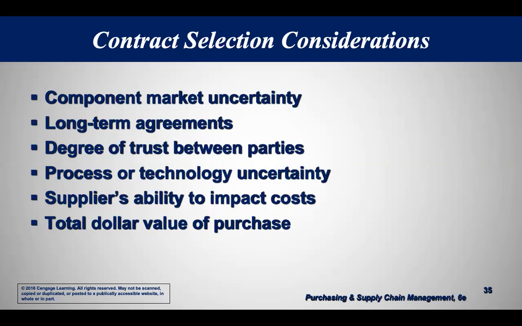And the seller, the same thing. They may not want to commit if the costs are changing a lot. Long-term agreements, and we'll talk about this a little bit, but yeah, if you're signing a long-term agreement, that can increase or decrease risk depending on how uncertain things are, right?